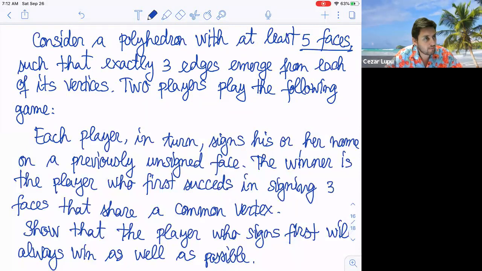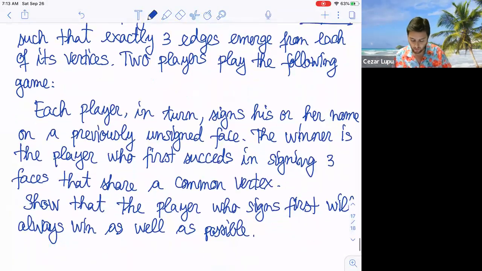And we would like to see how we can use Euler's formula. So we have to show that the player who signs first will always win, by playing as well as possible.